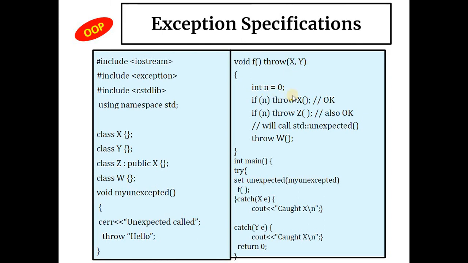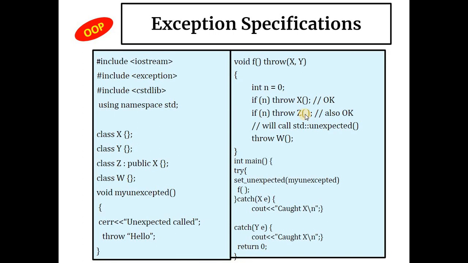So if I am writing int n equal to 0, if the value of n is 1, it will throw X. This is okay. If n is such that I throw Z, this is also okay. Why is it okay? Because Z is a derived class of X class.